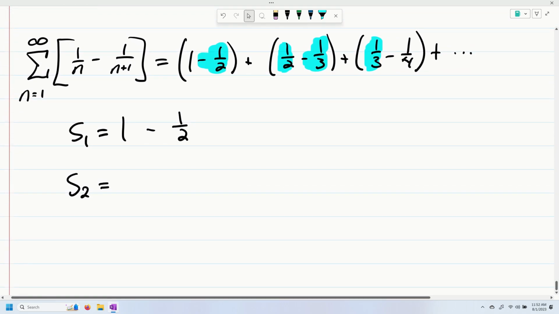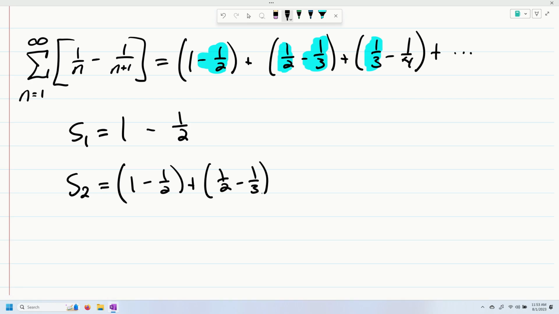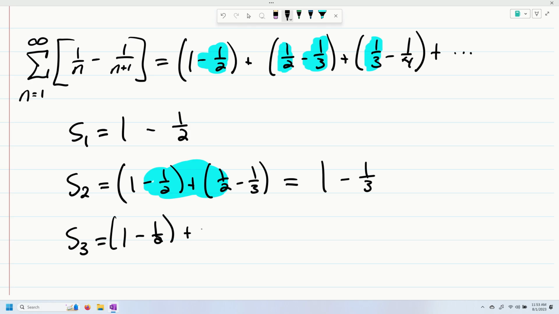Our second partial sum is going to be this. Notice that the 1/2s just cancel themselves out, so you're left with the first term and then the last term. And this is going to keep on progressing forever. So we'll write out the third partial sum here.